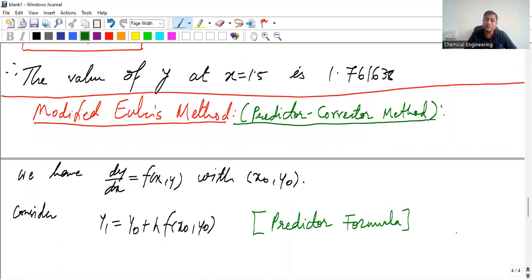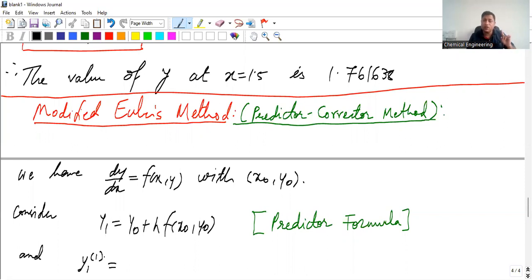This formula is called the predictor formula. It will give you some location, that nearby here it lies, and then we have to correct this first value y1. This bracket you have to write as I am writing, so please be careful with the notation. Here y1 with this superscript denotes the first correction.